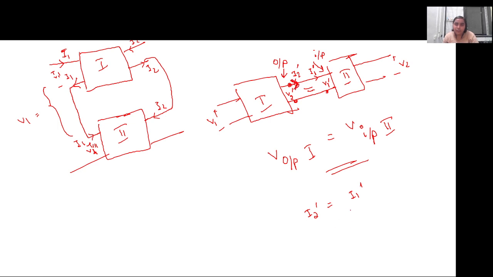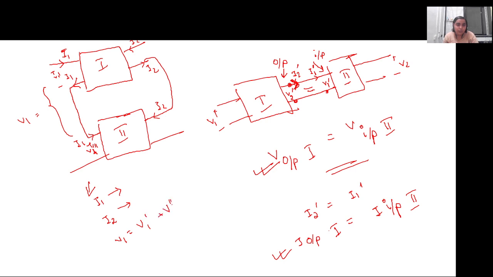So what is actually happening is the output current of the first network is equal to the input current of the second network. So in cascade connection, one of the voltage and one of the current are the same. In case of series, it is the same I1 current that is flowing through the entire network and the same I2 current is flowing through the entire network. V1 is equal to the summation of the voltages of the two different networks.